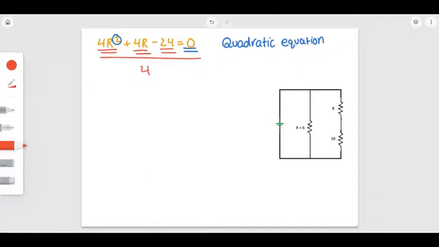As we divide, it will give us R squared plus R minus 6 equals 0. We divided 4 by 4, which gave us R squared, and the other 4 by 4, which gave us R, and 24 divided by 4, which is minus 6.